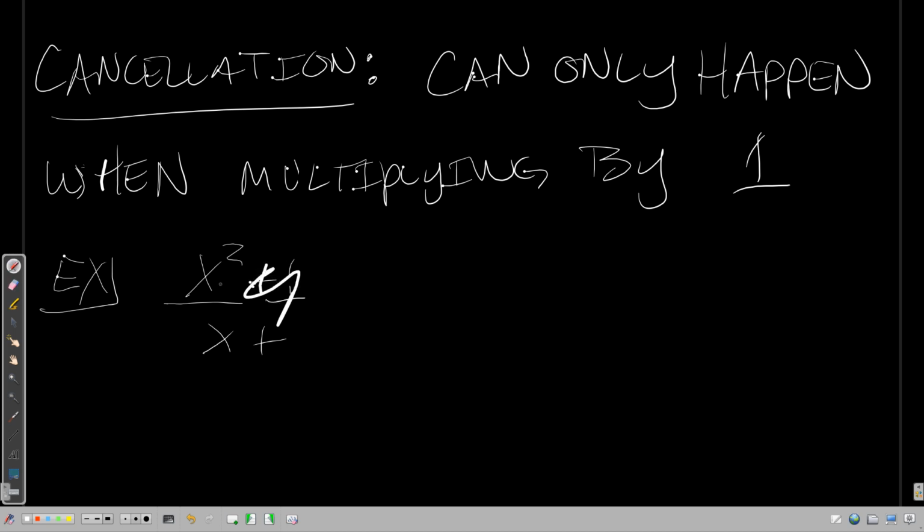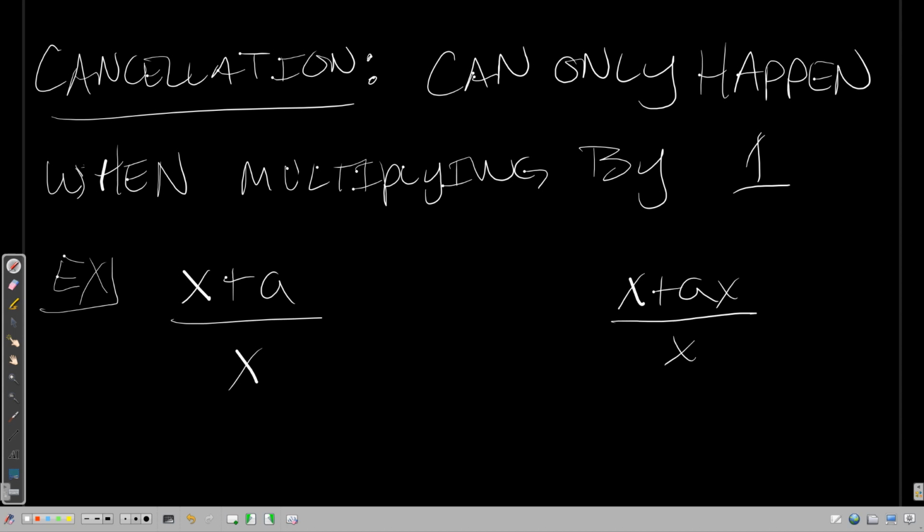Let me say it like this. Okay. Then one of these, you can cancel the x's. And in the other one, you cannot. You cannot cancel these x's. You don't have a multiplication by 1.